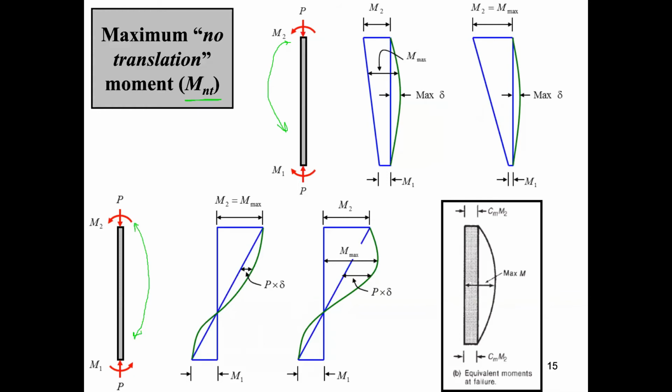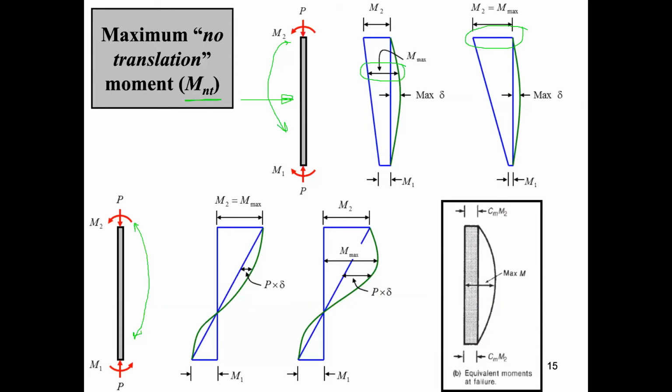In both cases, the maximum amplified moment can occur either at one end or anywhere along the length of the column. For example, when the end moments are in the opposite direction, the maximum amplified moment will occur at this end or anywhere along the length of the column.